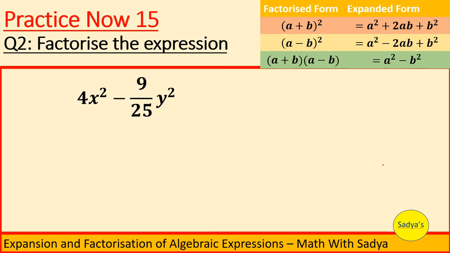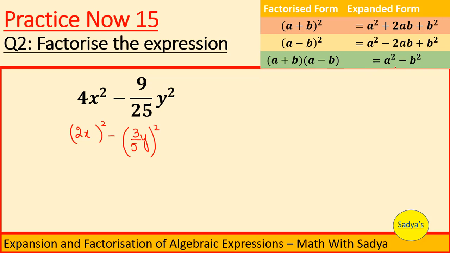Let's now solve the last question now. This is practice now 15. Question number 2. Factorize the expression 4x square minus 9 by 25 y square. We can write 4x square in whole square form as (2x) whole square. And we can write 9 by 25 y square in whole square form as (3 by 5 y).